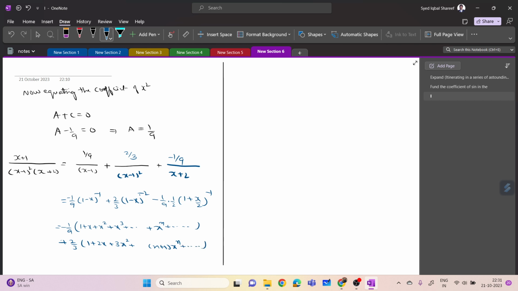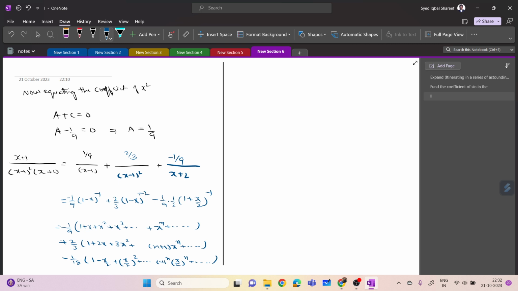Then minus 1 by 18, and since plus is there, minus will come: 1 minus x by 2 plus (x by 2) square, and so on, (minus 1) to the power of n, (x by 2) whole to the power of n.